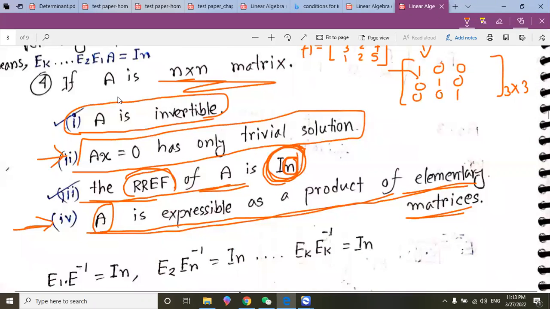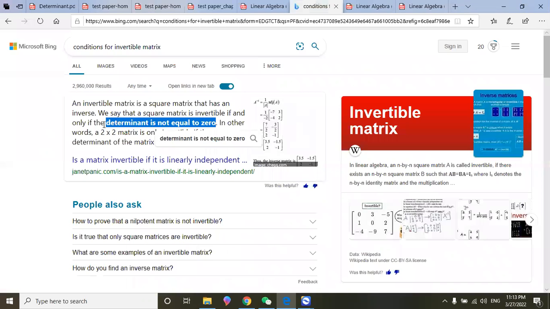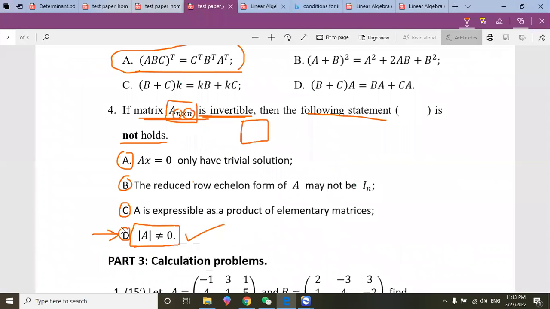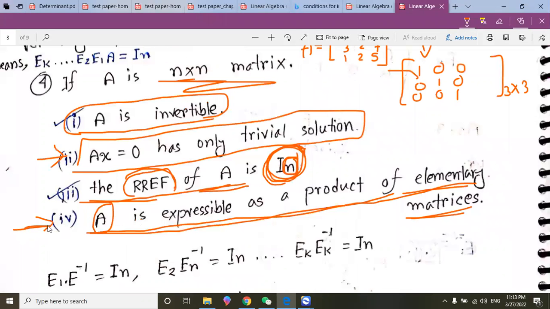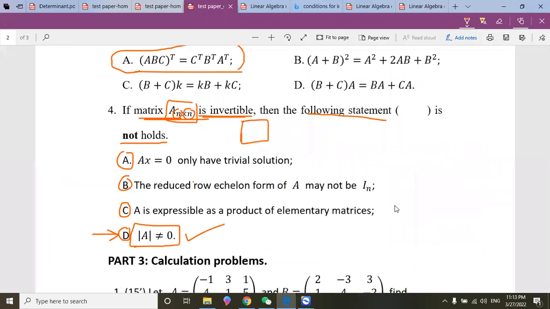Like the first condition, determinant of A is not equal to 0, right? This is true. You see here, determinant is not equal to 0. That means the first condition is true. A is expressible as a product of elementary matrices, so this third condition is also true.